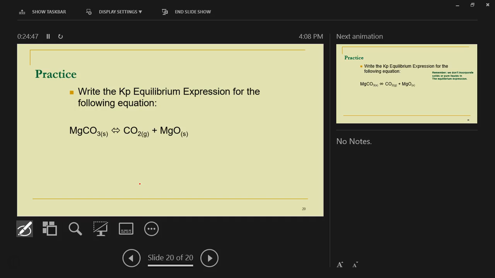So it is indeed already balanced. The second thing you should have done was to notice that you needed to cancel out things that were solid or liquid. Now you can write your Kp as the partial pressure of your carbon dioxide gas raised to the power of the coefficient, which in this case is a 1.